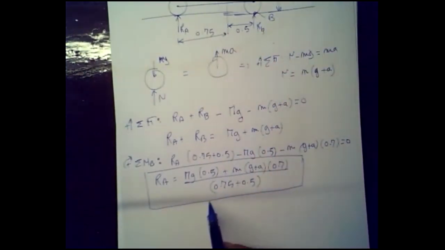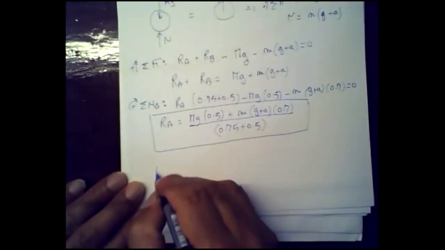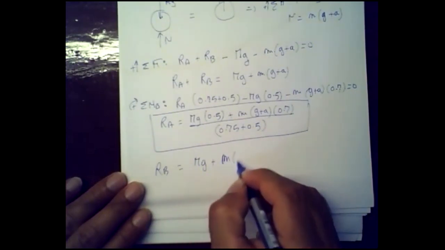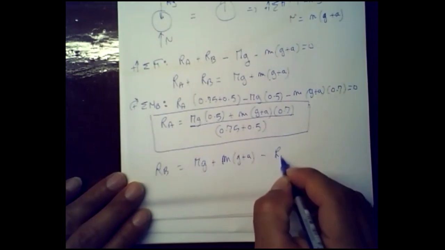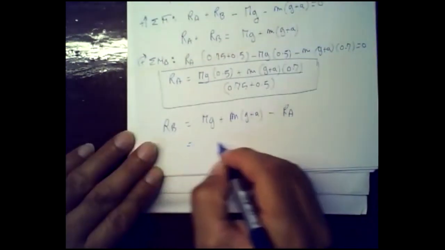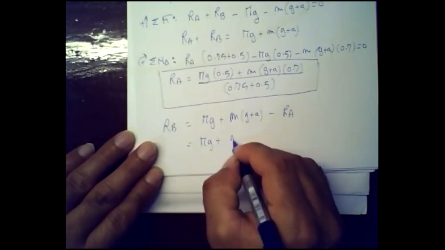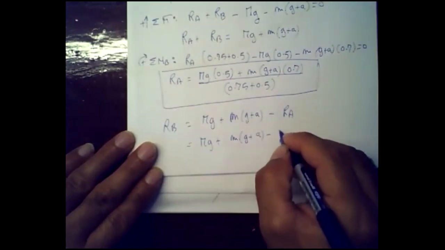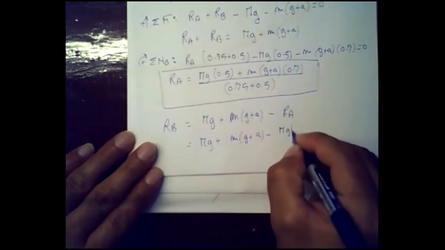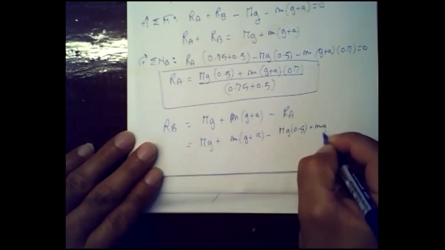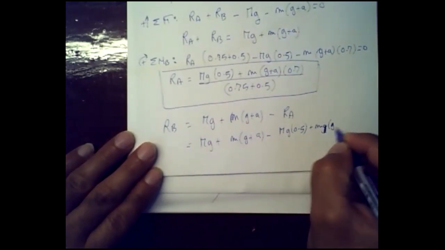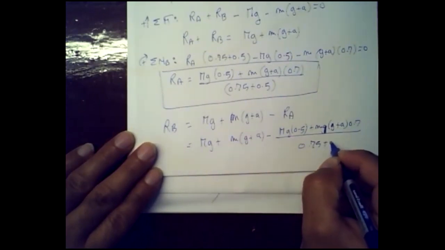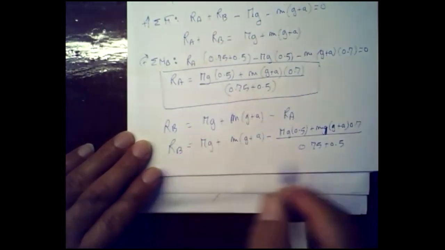So this is our RA, and RB is going to be equal to mg plus mg plus a minus RA, which is equal to mg 0.5 plus mg plus a 0.7, divided by 0.75 plus 0.5. So this is the value for RB.